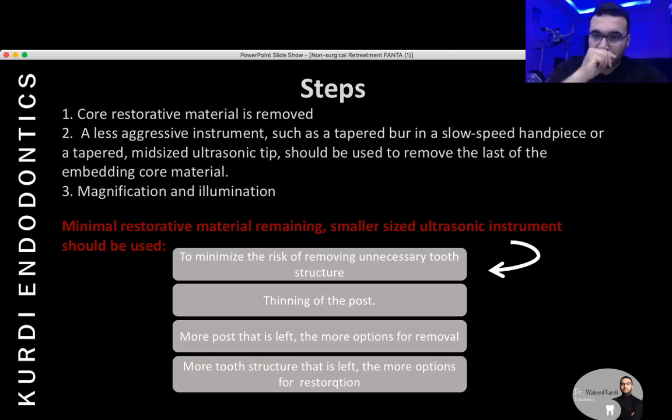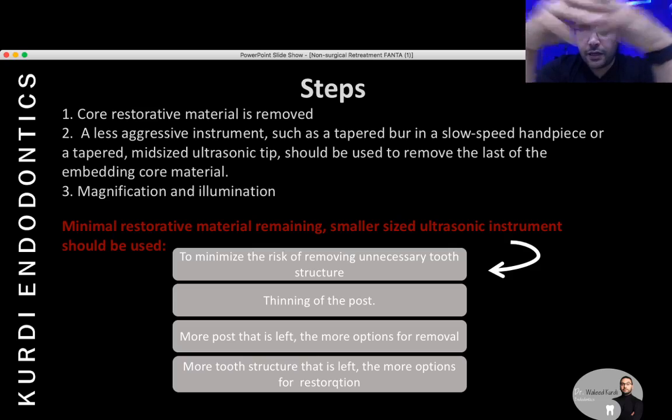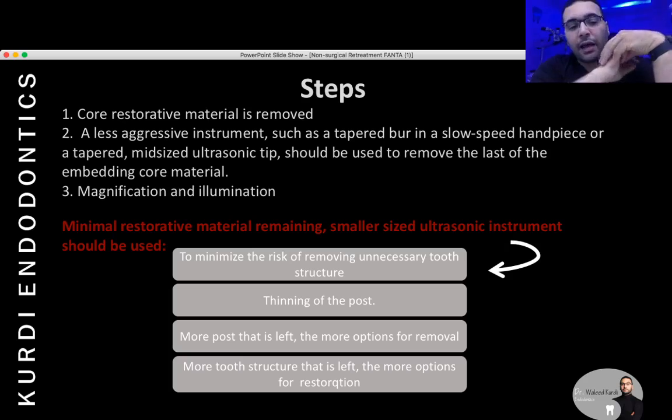So the steps. You should first remove the core restoration material with a high speed handpiece or contra-angle with a bur or even a stone, and then a less aggressive instrument like, for example, a slow speed handpiece or even ultrasonic tips with diamond particles around them.